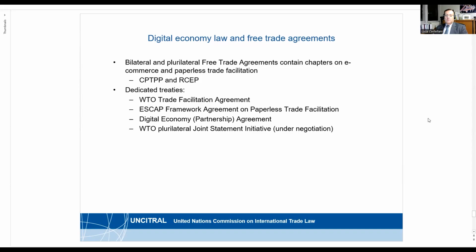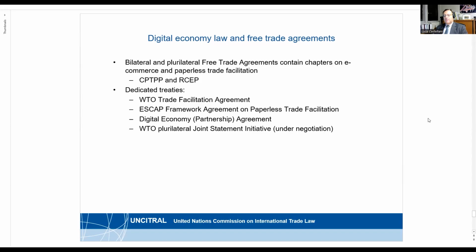We have also dedicated treaties. Here we have, for instance, the WTO Trade Facilitation Agreement, which apparently only promotes electronic single windows, but in reality, in practice, had a very big impact, not only on electronic single windows, but more generally on paperless trade and digital trade.